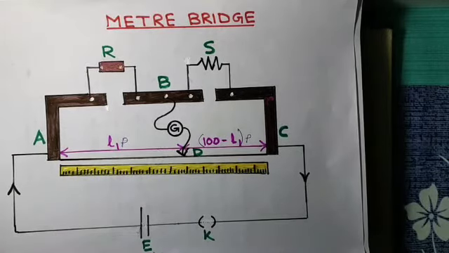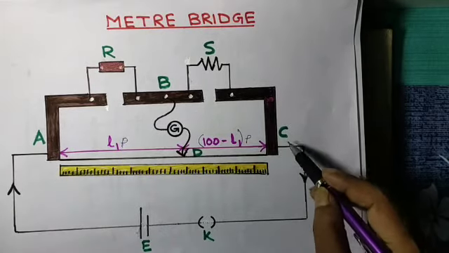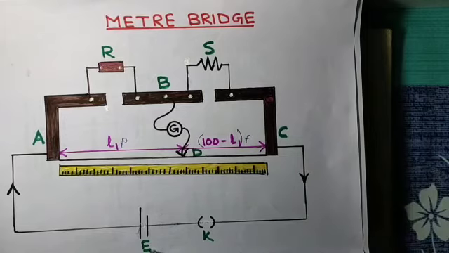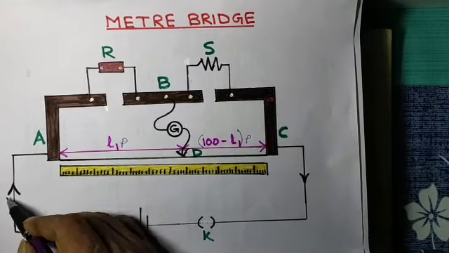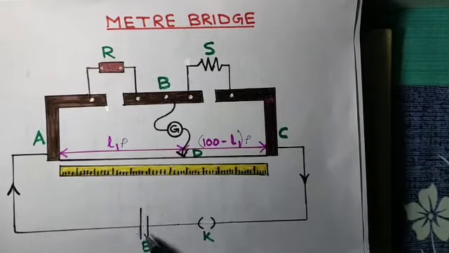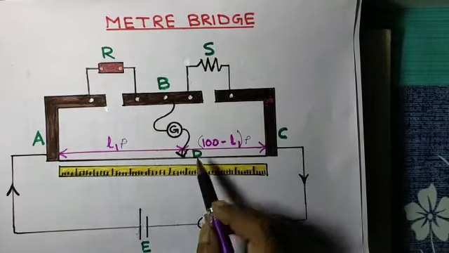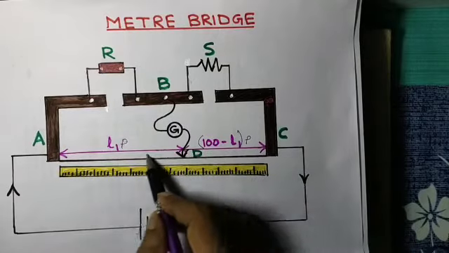That means electricity will flow from E to A and return from C to E, which we have shown by the arrow. Now we will move the jockey over the wire.